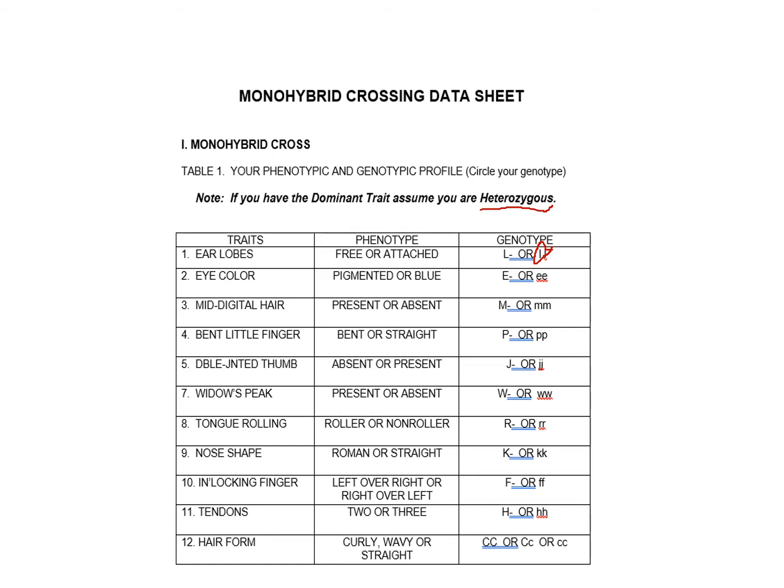So your job is just to go through these and determine what your phenotype and genotype are, and then circle your genotype. You will need to find a partner and do the same thing because we're going to do some Punnett squares here in a second.